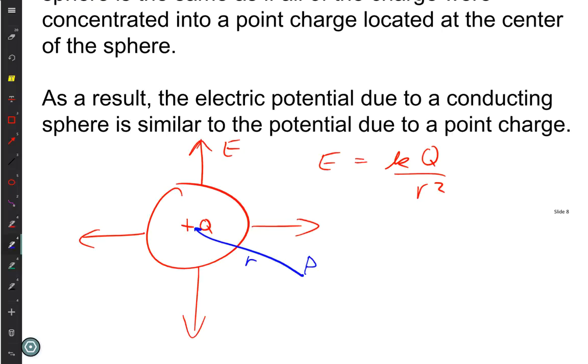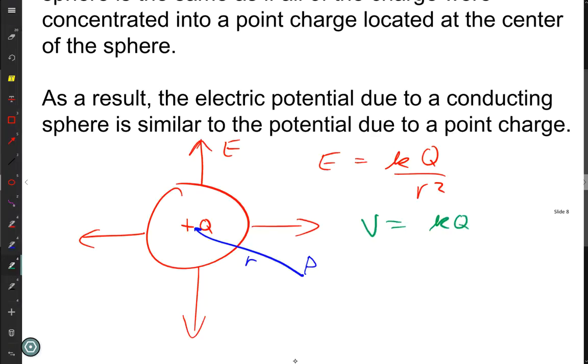The electric potential doesn't have a direction, so we don't have to worry about that. The electric potential we learned for a point charge had the equation V equals KQ over R. And we learned that the change in electric potential is proportional to the change in the electric field.